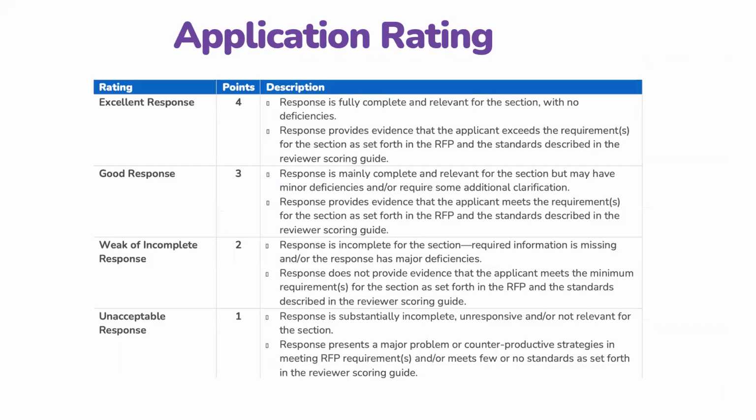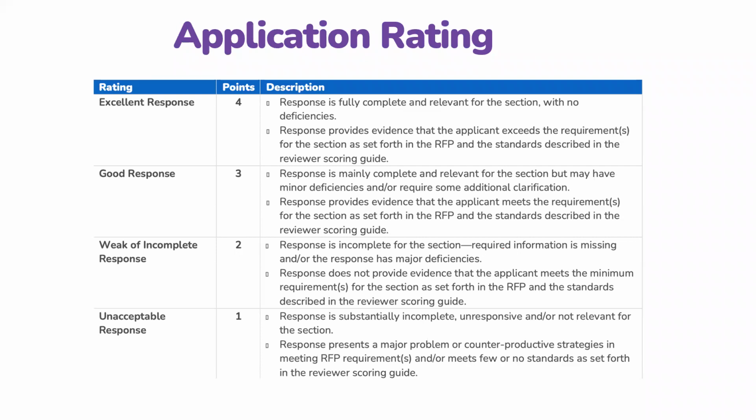We are spending a lot of time training our staff, and we'll be training volunteer reviewers. Essentially, every section is rated on this scale from 1 to 4. A 1 basically means you did not respond to the section or the questions, and you're missing major substance, going up to an excellent response.